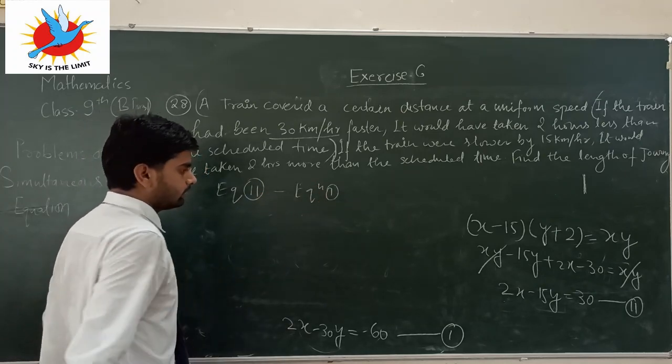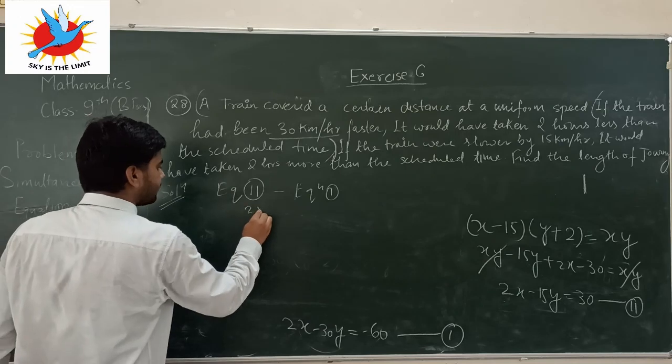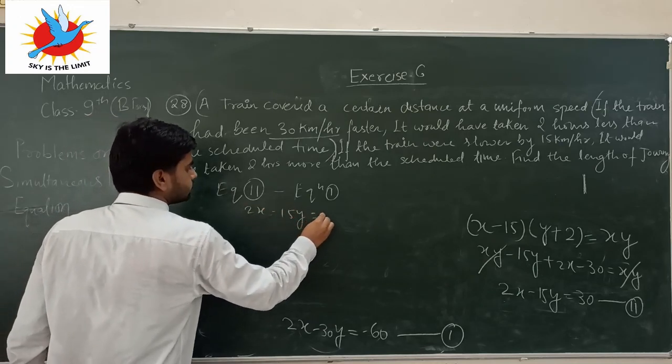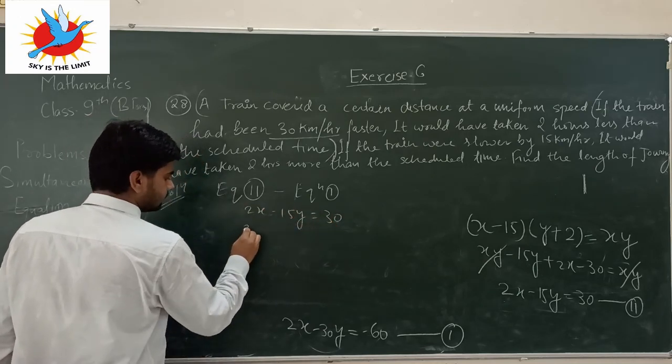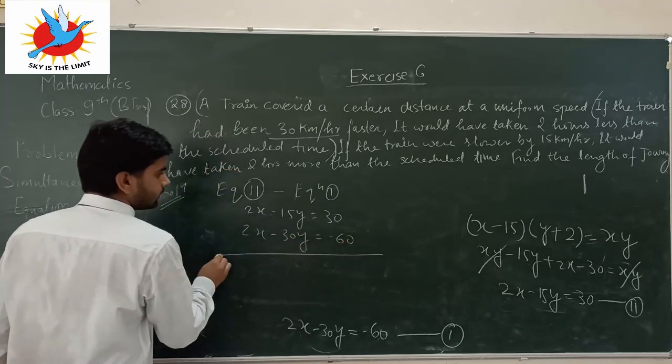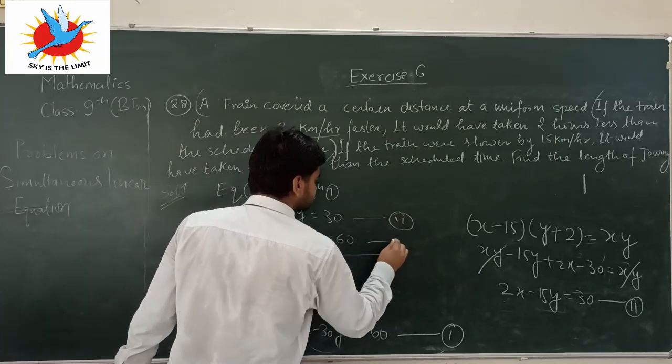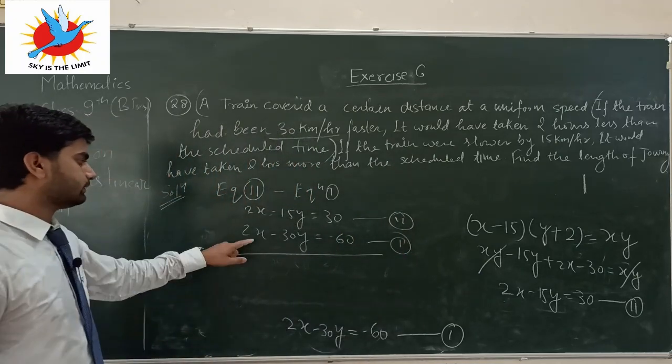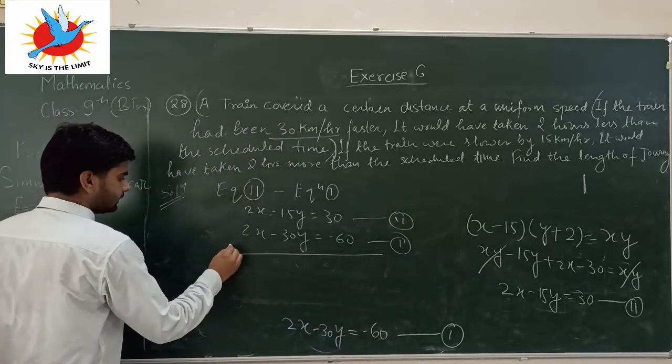So we will get equation 2 is 2x minus 15y equal to 30, and equation 1 is 2x minus 30y equal to minus 60. We are going to subtract equation 1, so the sign change will take place.